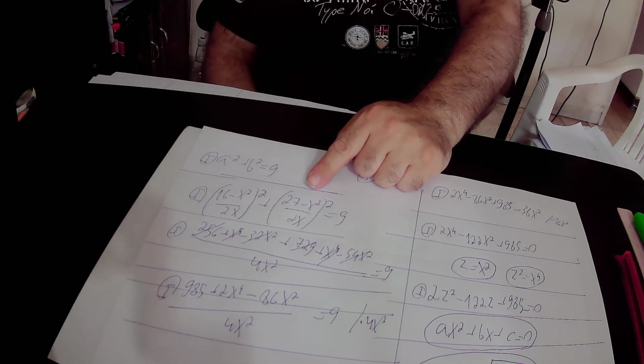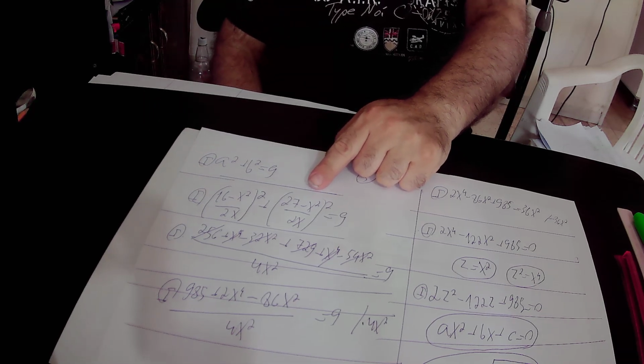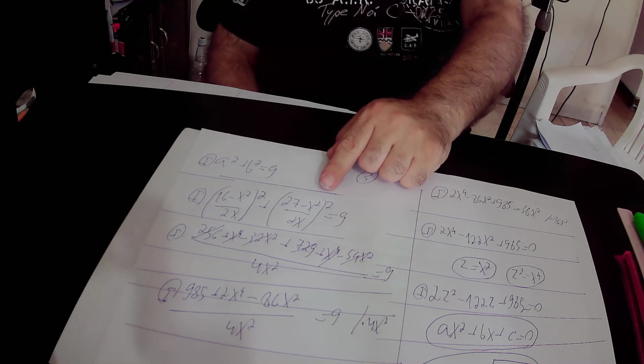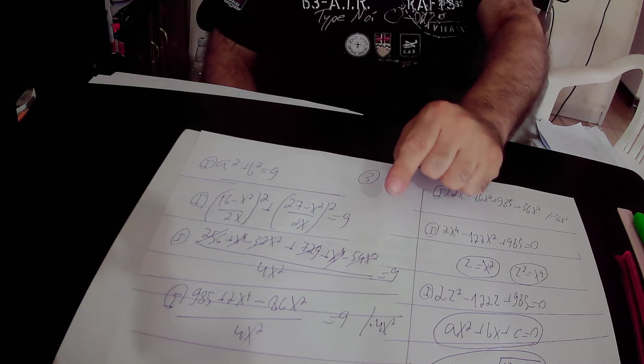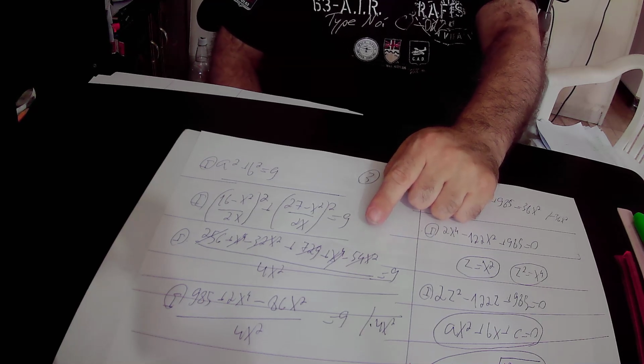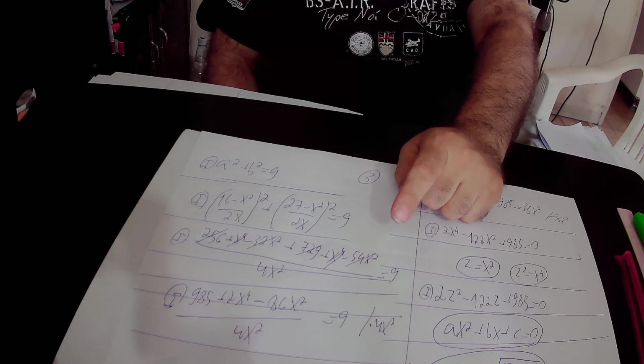Therefore we get that (27 minus x squared) squared is 27 squared, that is 729, plus x to the power of 4, minus 2 times 27 is minus 54x squared, all divided by 2x squared.